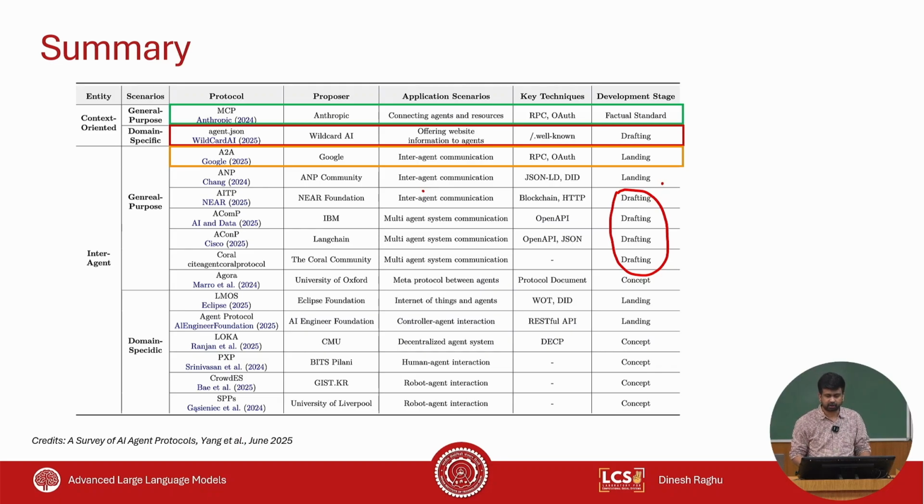But still everything is work in progress. And similarly, things may get reused within the protocols as well. Maybe A2A and MCP will join hands and create a master protocol that solves everything. So it's still a very evolving field. MCP seems like a clear success at the moment, but the others are still sort of work in progress.